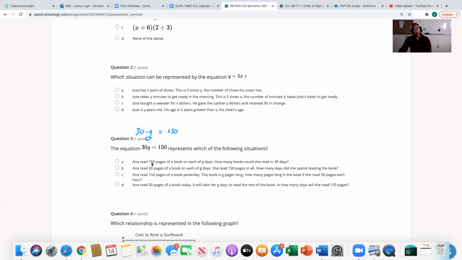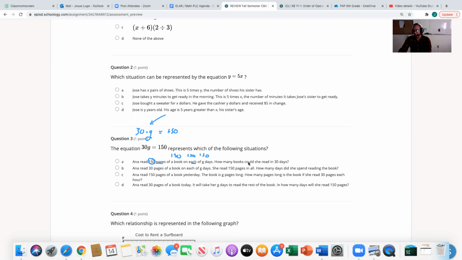Let's go ahead and do it one at a time. A. Anna read 150 pages of a book each of G days. In other words, she's doing 150 on day 1, and then she's doing that over and over again, 150 again, 150 again. It seems to me that you're multiplying 150 over and over again. However, over here, we're actually multiplying 30 times something over and over again.